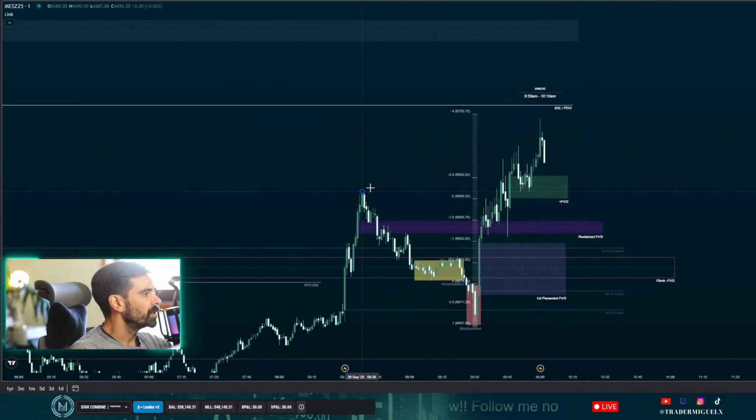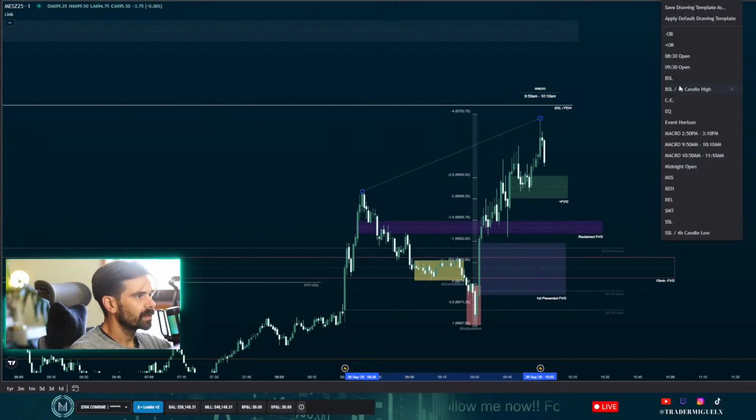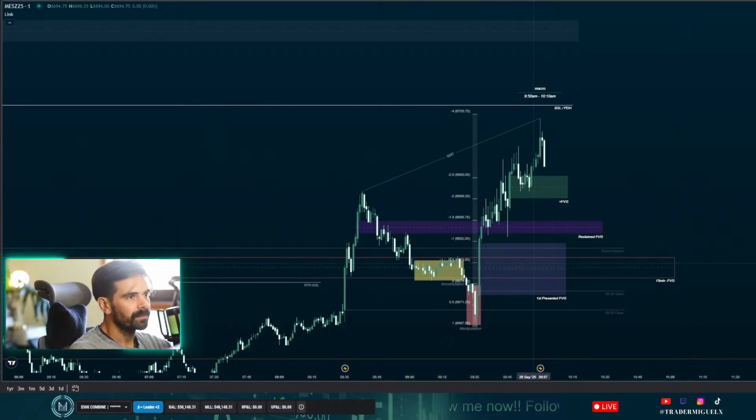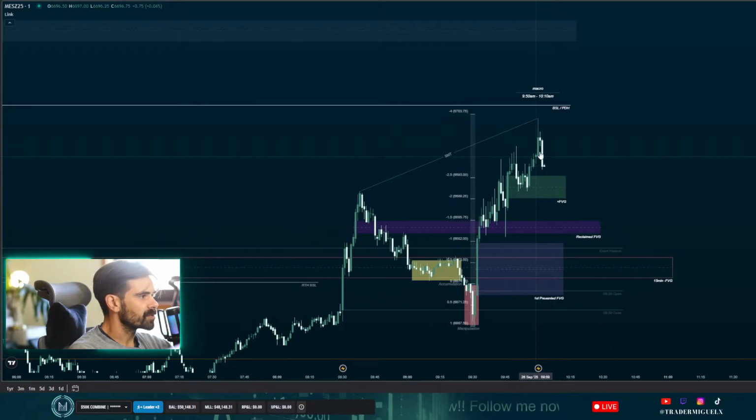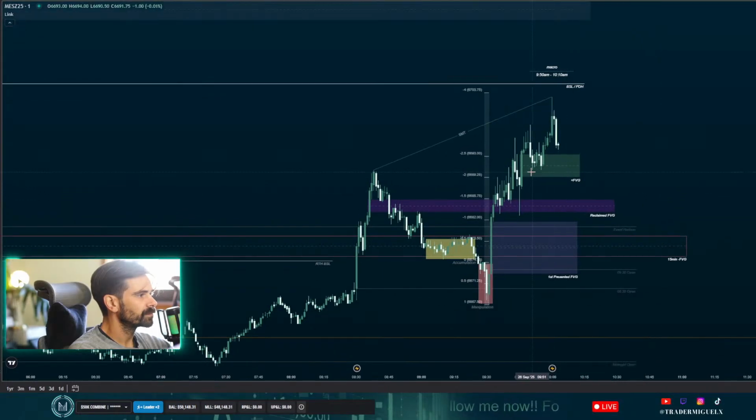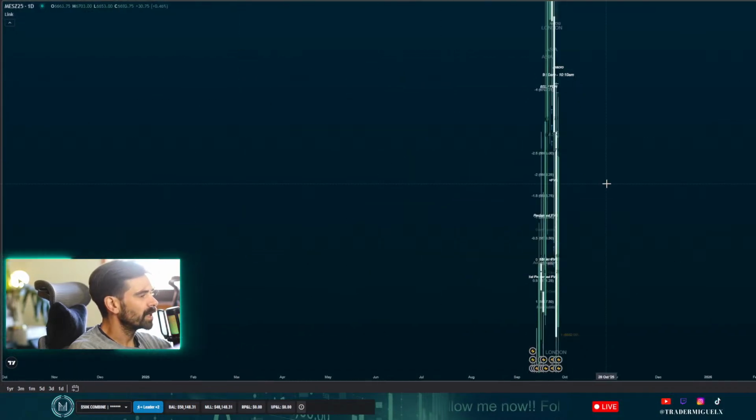So I will refresh this SMT since we are still not able to make a new high on NQ. And this one seems interesting. We kind of inverted this fair value gap here. There we go. See those relative equal lows. It's kind of odd if we manage to leave previous day high intact. But yeah, it can happen.